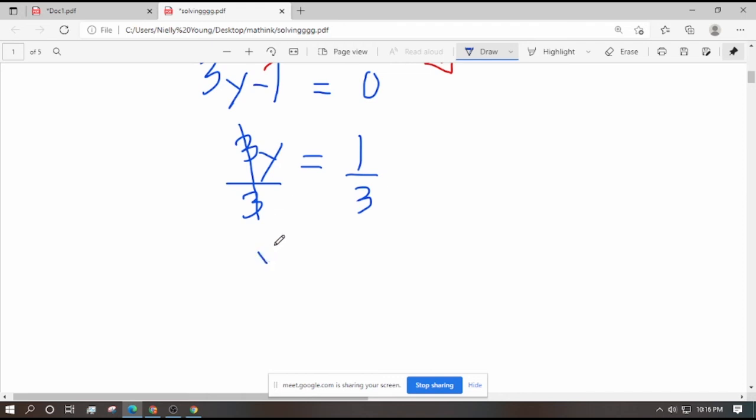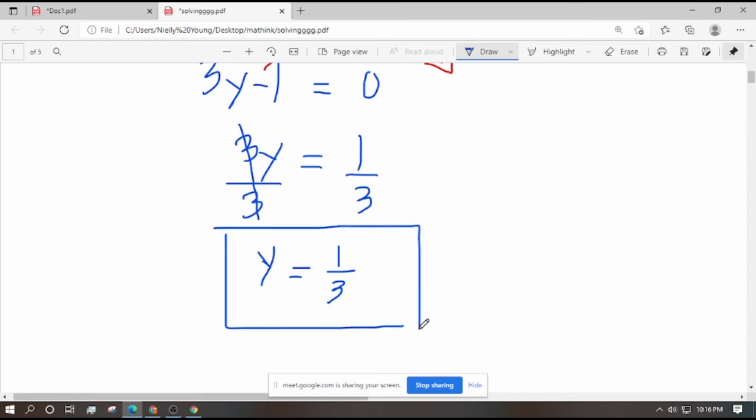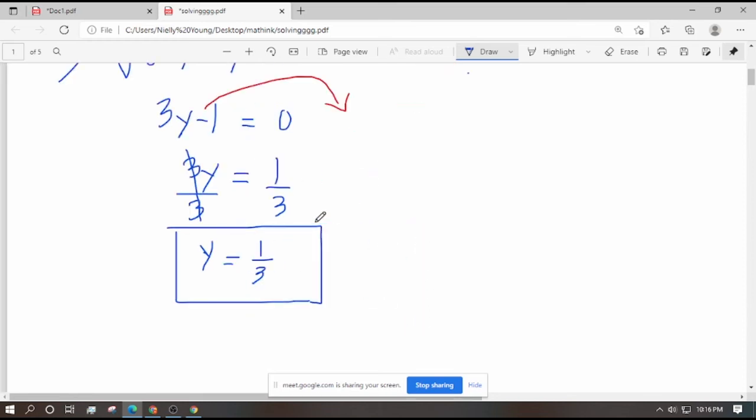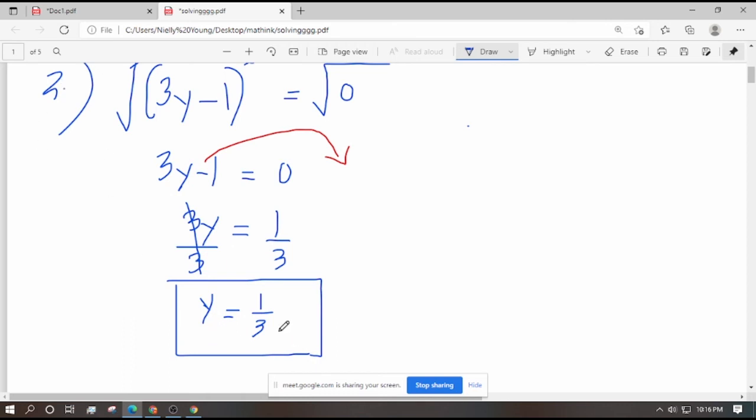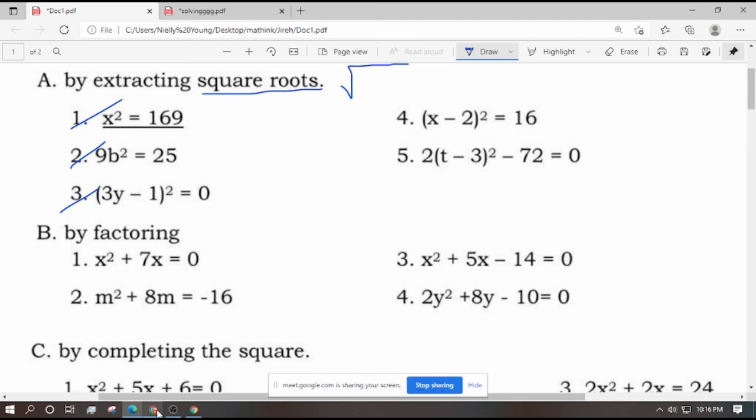What remains is y, and 1/3. Copy the 1/3. So, the answer for number 3 is y equals 1/3. Okay? Positive 1/3. Got it?